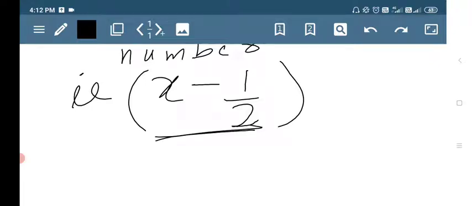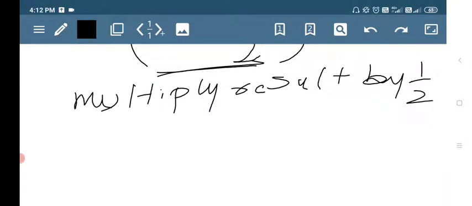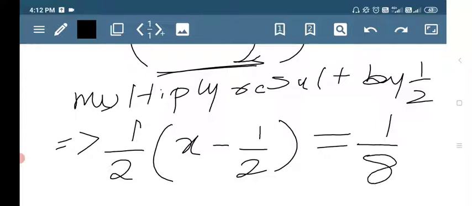Multiply the result by 1 by 2, so that implies you get 1 by 8. That is, 1 by 2 is multiplied with the result, that is x minus 1 by 2, and you get 1 by 8. What is the number? We have to find that x.